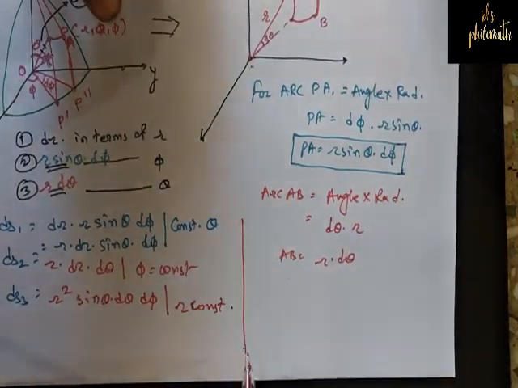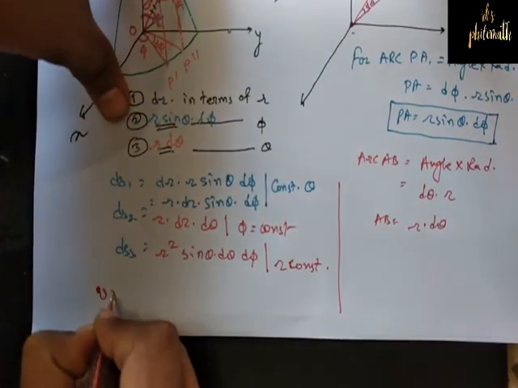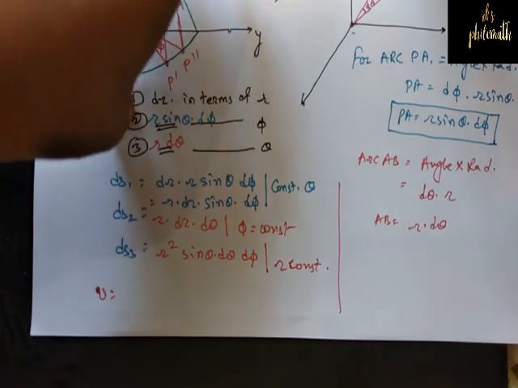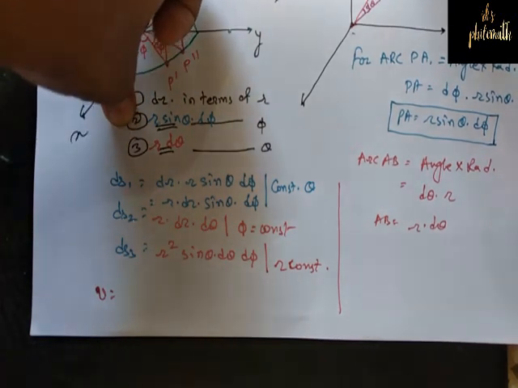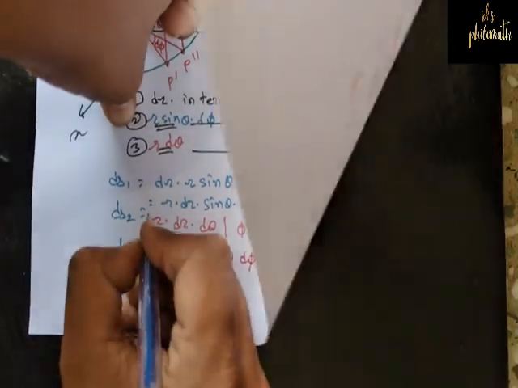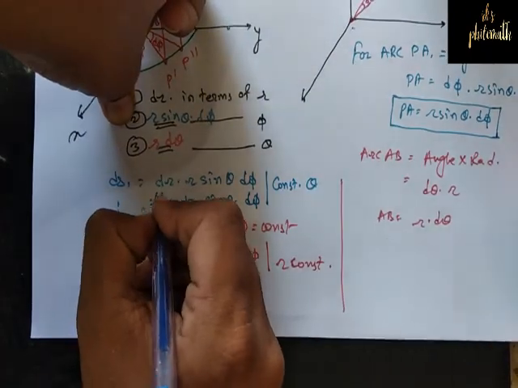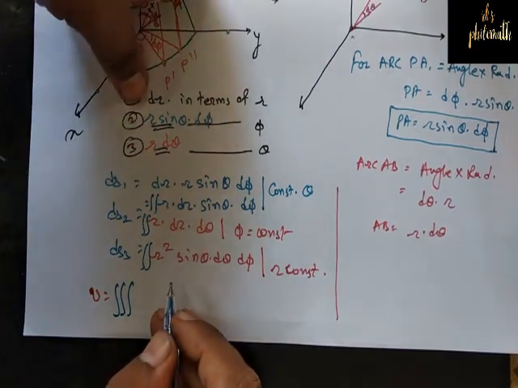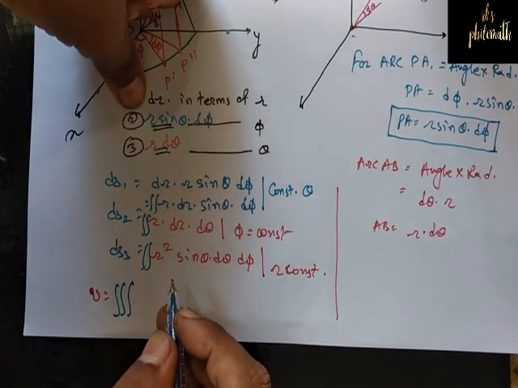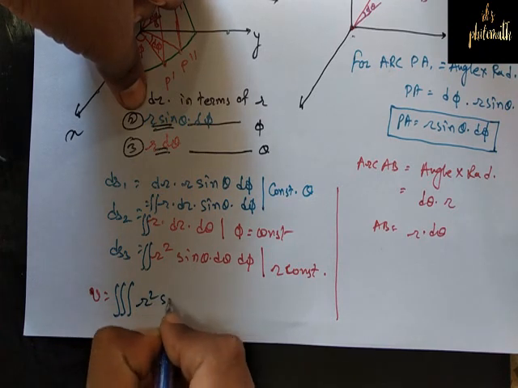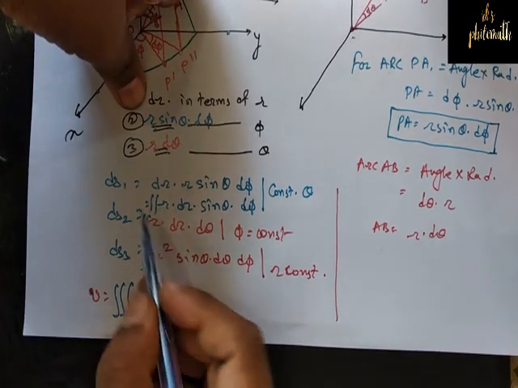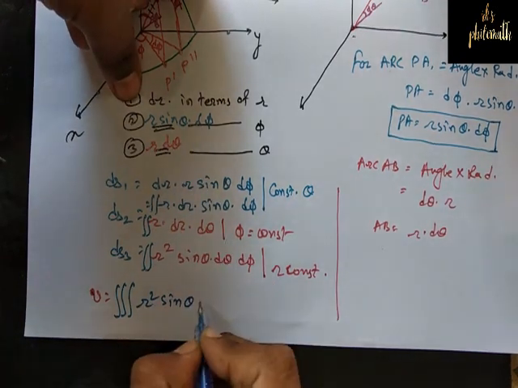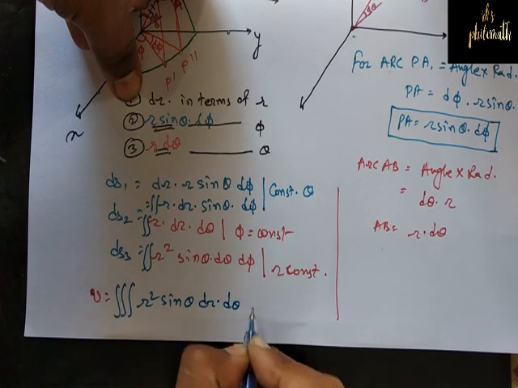The volume is equal to, what we have to do, we have to double integrate here and here also, and for volume we have to take the triple integral and multiply all these together. So r square sine theta dr d theta d phi.